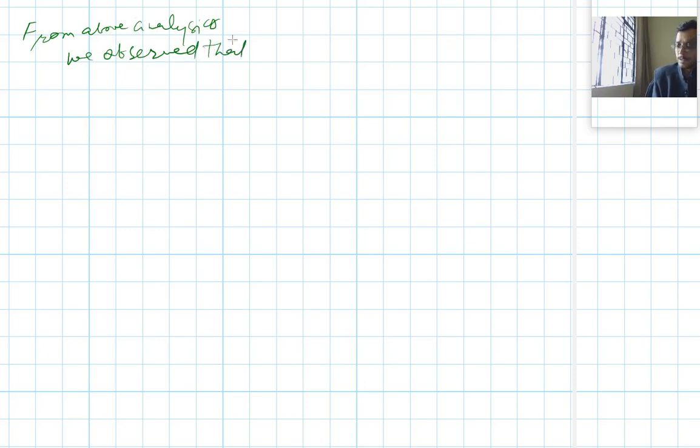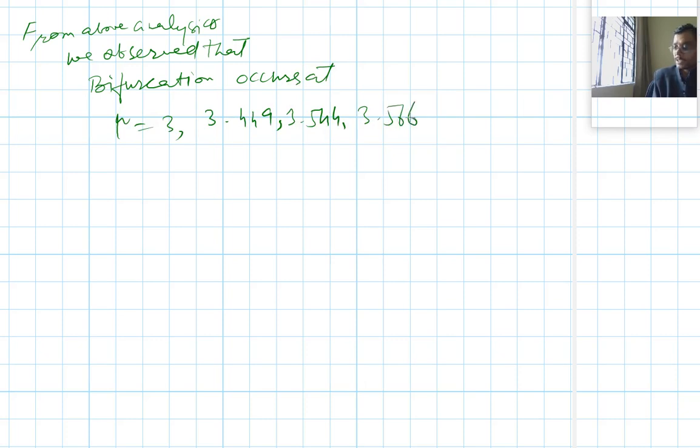Now let us understand what it means. From the above analysis, we observe that bifurcation occurs at mu equal to 3, then 3.449, then 3.544, then 3.5644, then 3.5688, and so on.